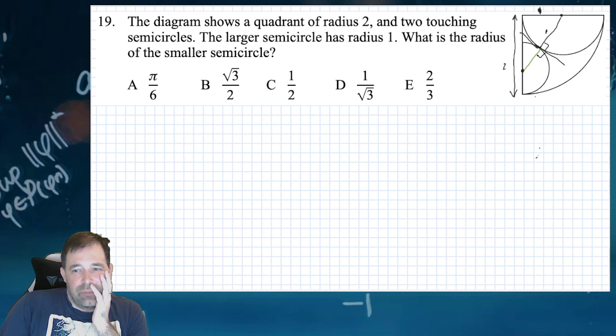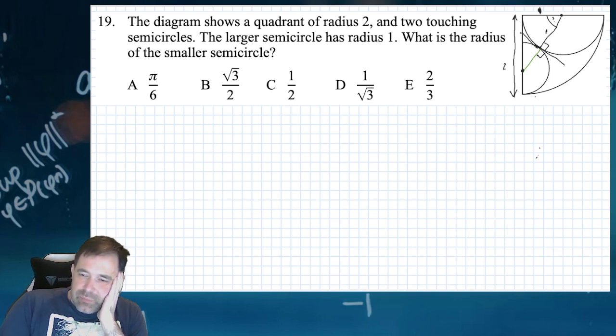I think an angle might help us as well, because if we had this angle, for example, you could work out this angle, and then you can maybe use some trig, because if you're looking at the answers, you've got 2 lots of root 3 in there, so there might be a trig value coming in, maybe. You could. I don't know if we can use the fact that they're both in a quarter of a circle.